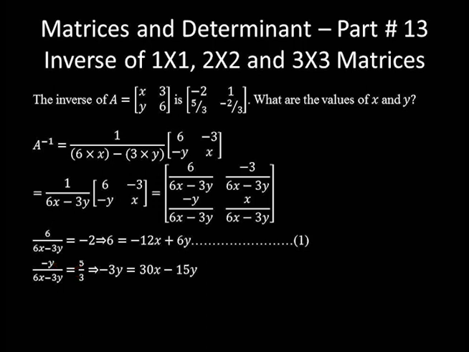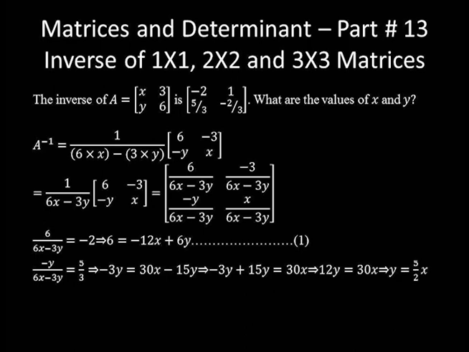Let's take negative 15y to the left of the equality sign in order to collect like terms, that's negative 3y. When we take negative 15y to the left of equality, it becomes plus 15y equal to 30x. Negative 3y plus 15y is 12y equal to 30x. Dividing both sides of the equality by 12 and simplifying the expression, we will find y equal to 5 over 2 x.